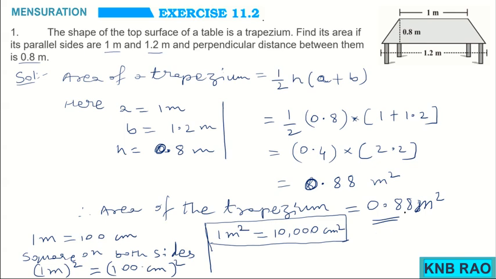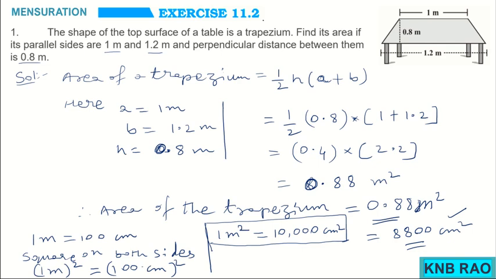So, if you want to convert this 0.88 meter square into centimeter square, you need to multiply it by 10,000, which gives you 8,800 centimeter square. So, this is the solution of this question.